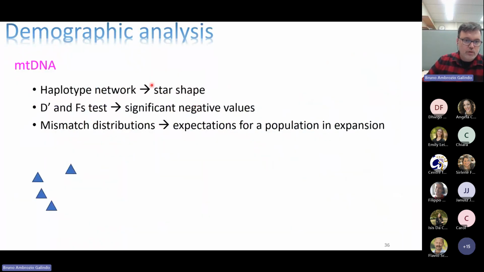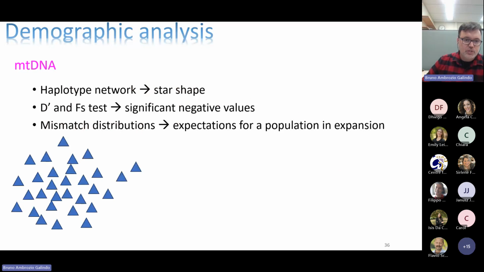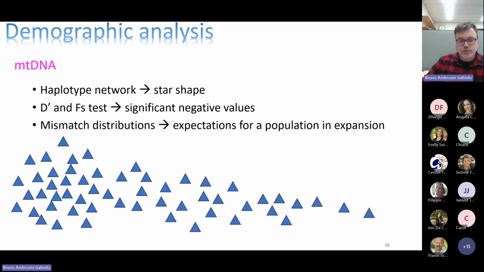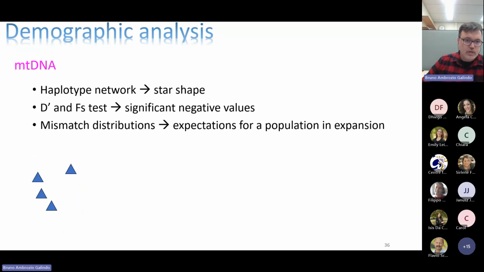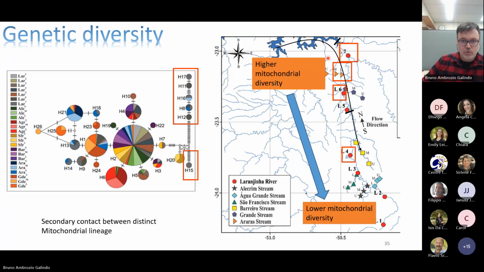So our haplotype network, our D and FS tests, and our mismatch distribution, all these parameters indicated a population expansion. So our species is expanding its area of occurrence. And this is also what I was showing here.